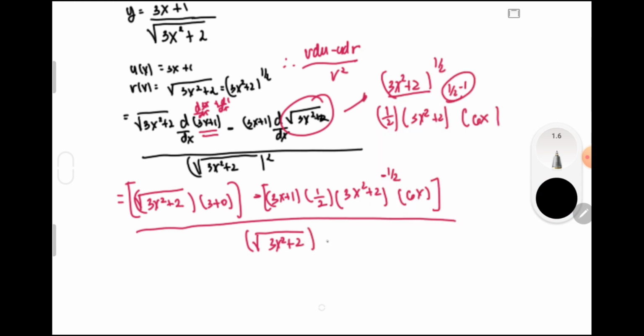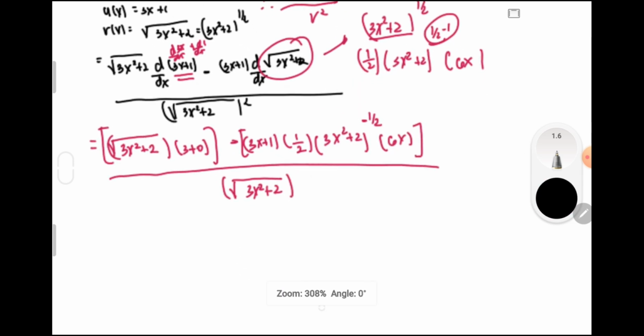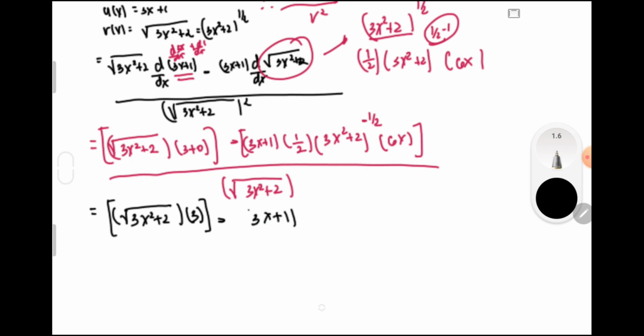Okay? So by further manipulation of this equation, we'll have a value of square root of 3x squared plus 2 multiplied by 3 minus 3x plus 1 multiplied by 1 half multiplied by 6x is positive 3x.